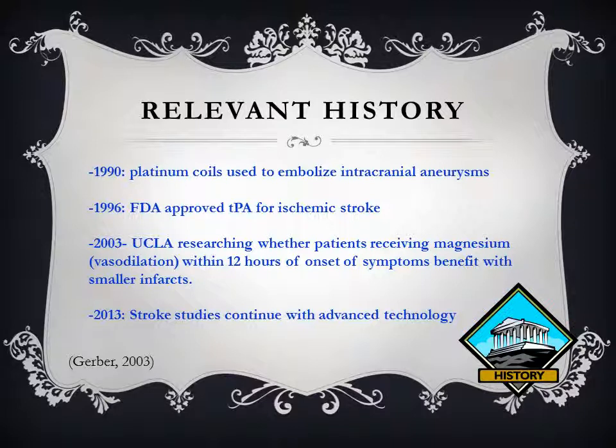In 1996, the FDA approved TPA medication for ischemic strokes. And in 2003, UCLA was researching whether patients receiving magnesium, a vasodilator, within 12 hours of onset of symptoms benefited with smaller infarcts. And up until today, stroke studies continue with advancing technology.